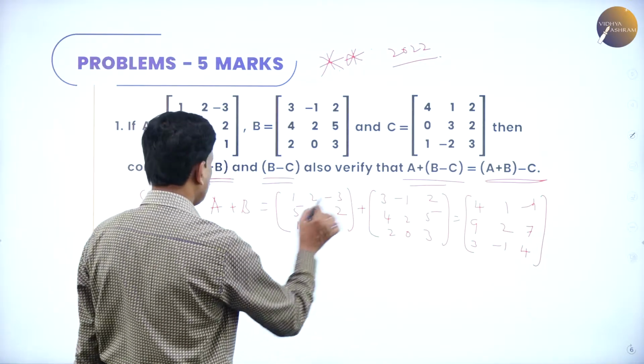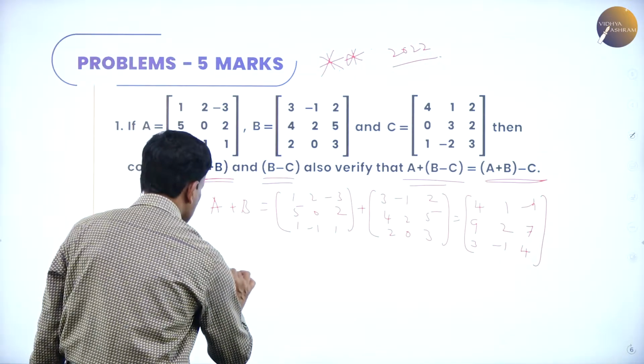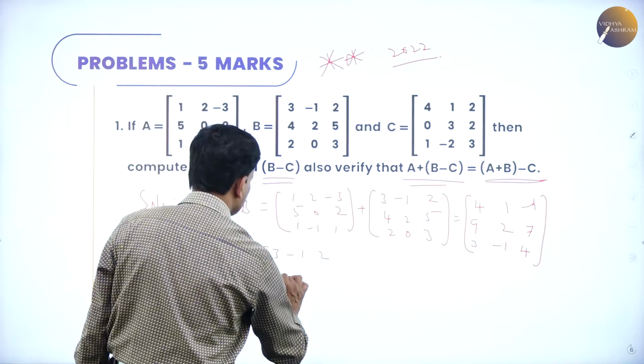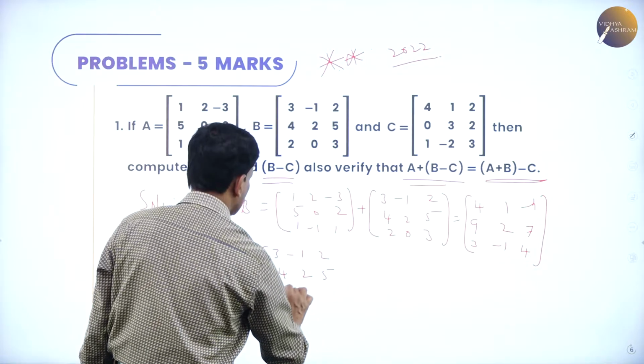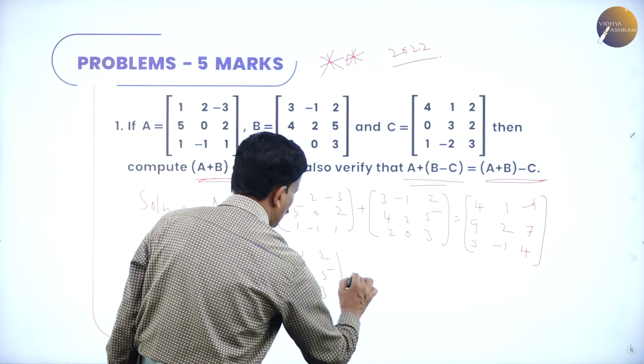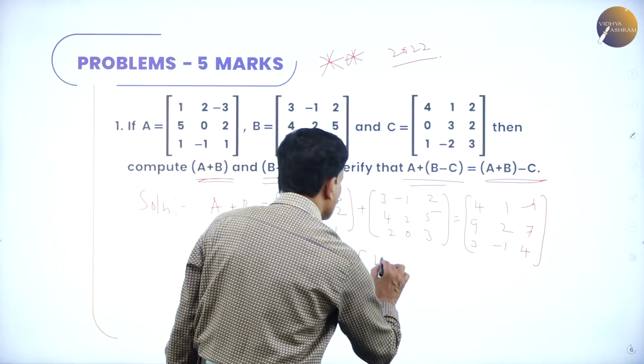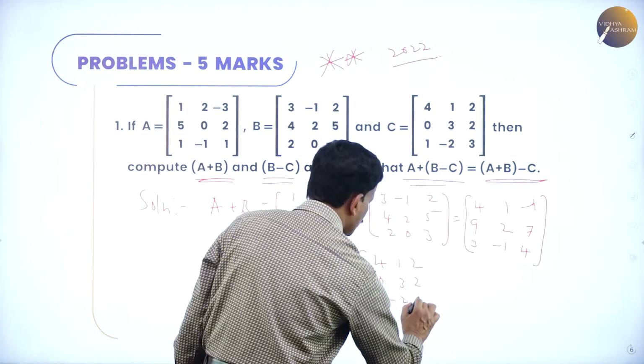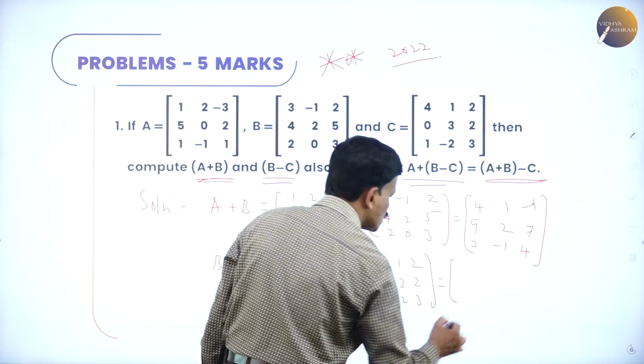Now find B minus C. Now B minus C is equal to, what is B? B is 3 minus 1 2, 4 2 5, 2 0 3, minus C. C is 4 1 2, 0 3 2, 1 minus 2 3. Simplify this. This is subtraction.